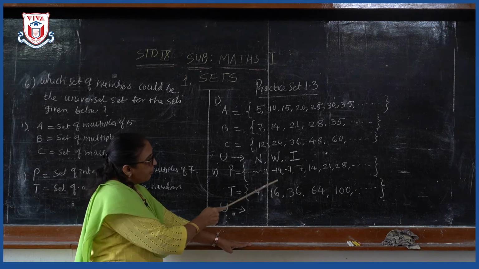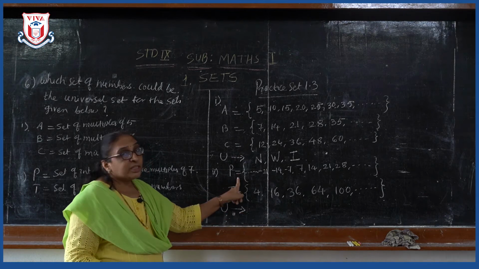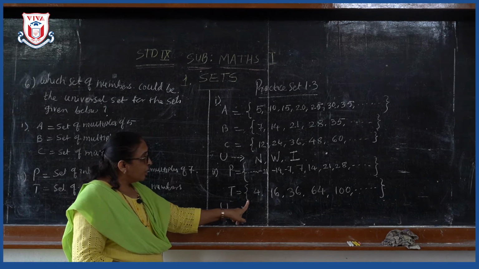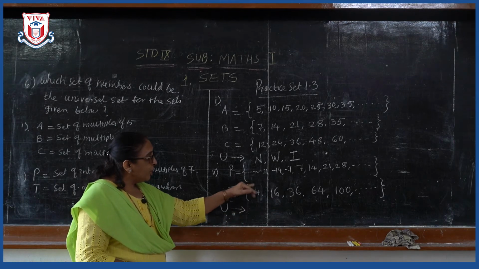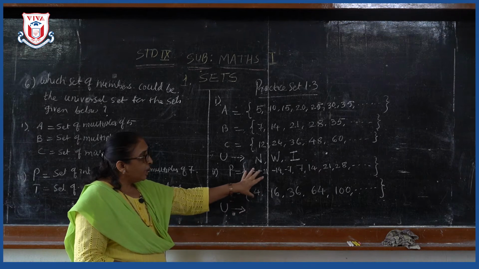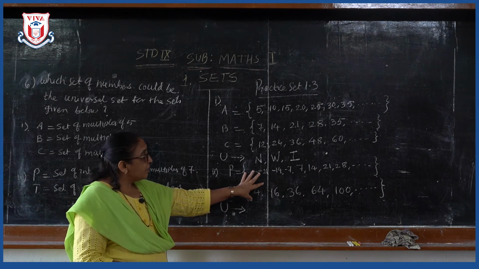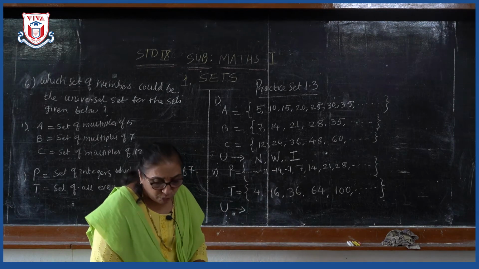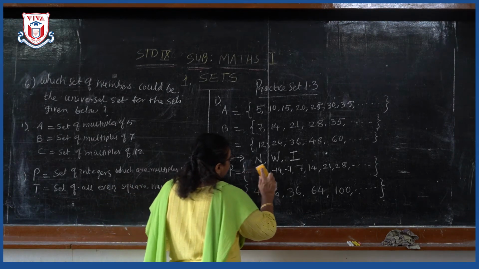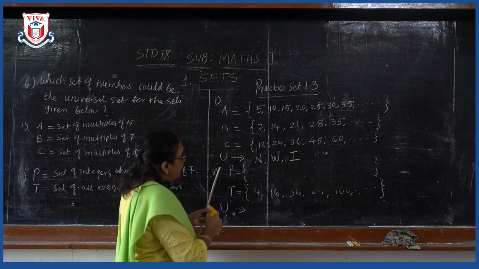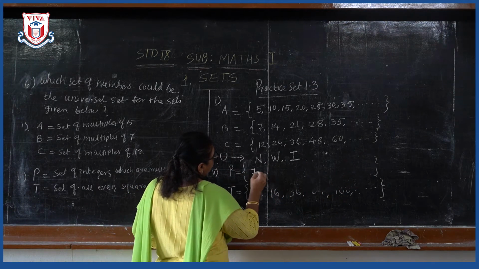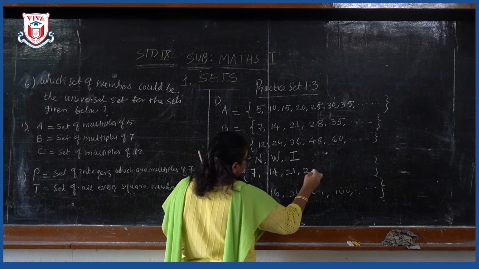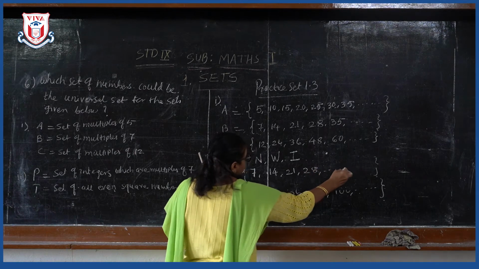Now if you see, P is a subset of integers. T is a subset of integers. So here we can say that they are also subsets of integers. Now if we consider only positive numbers, that means if P is a set of multiples of 7, you can write 7, 14, 21, 28 and so on.